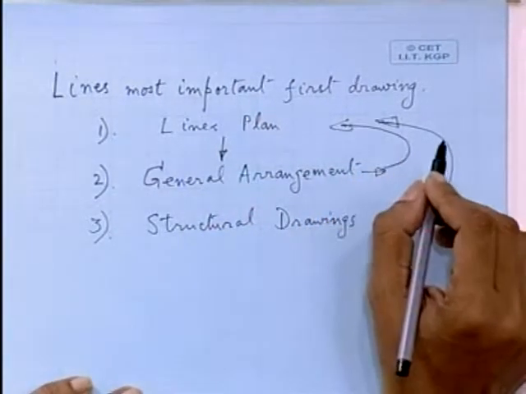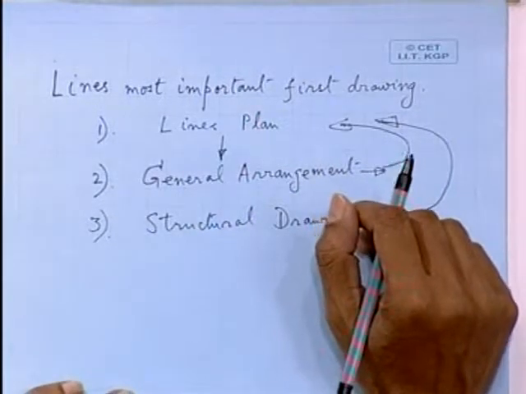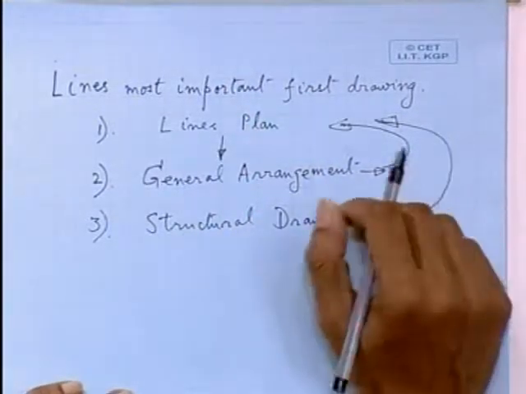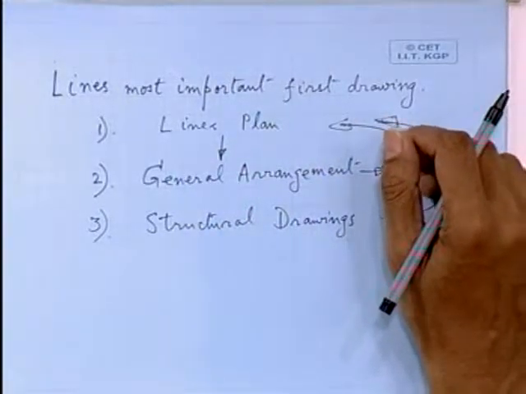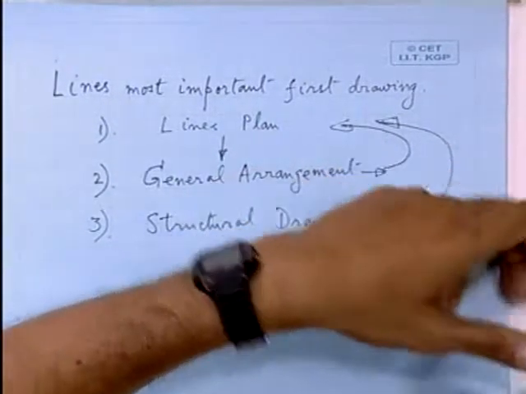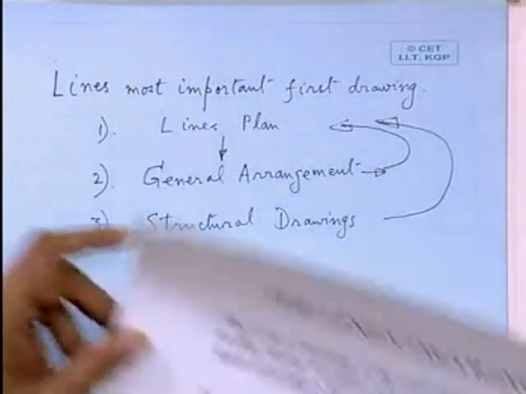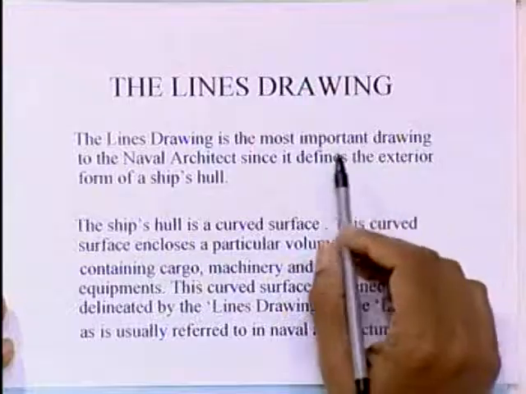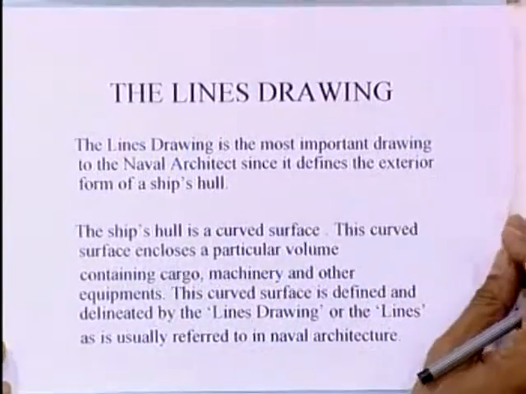Now, in naval architecture and shipbuilding, we have certain terms which you will normally find, as I explained for the lines drawing. The lines drawing is the most important drawing, as I have already said, since it defines the exterior form of the ship's hull.